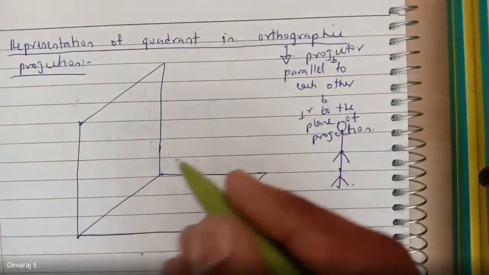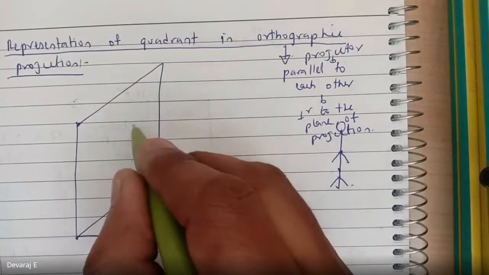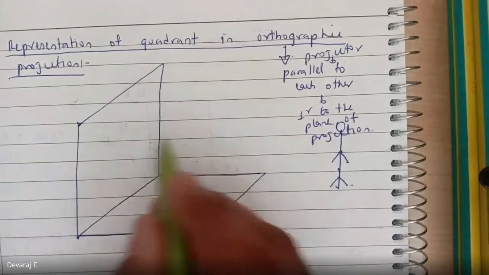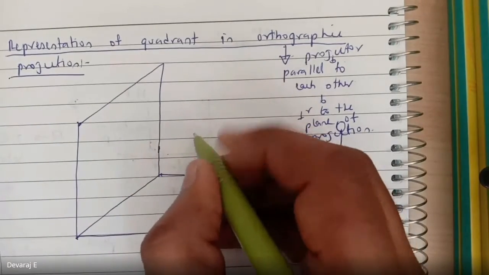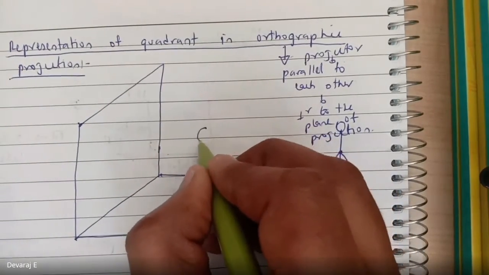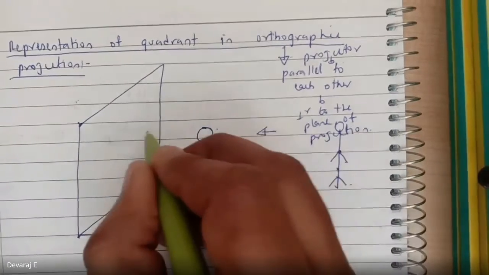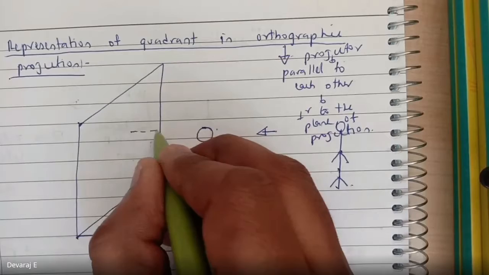So that means the projectors which are falling on the reference plane should be parallel. If this is the object, when I'm viewing from the front view, the projector should be parallel.